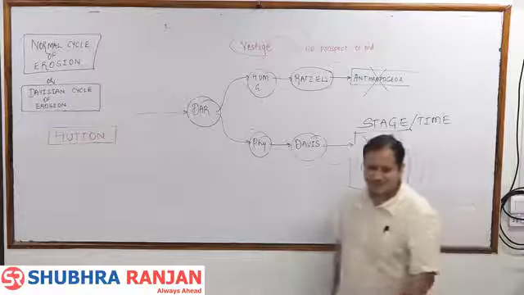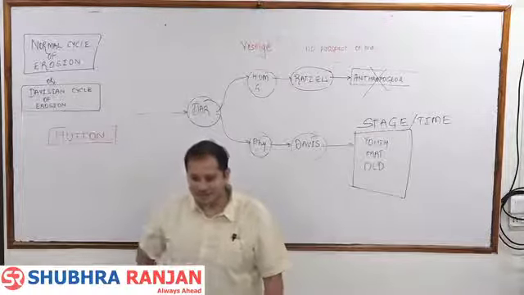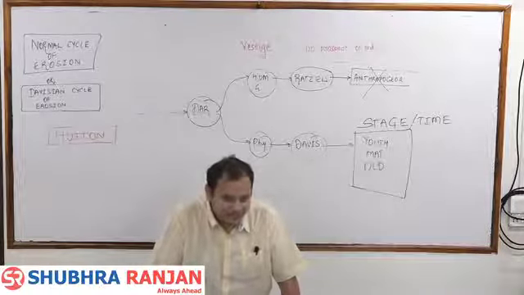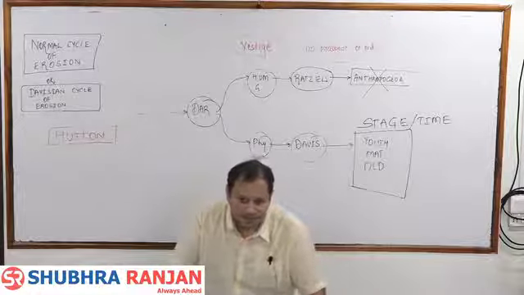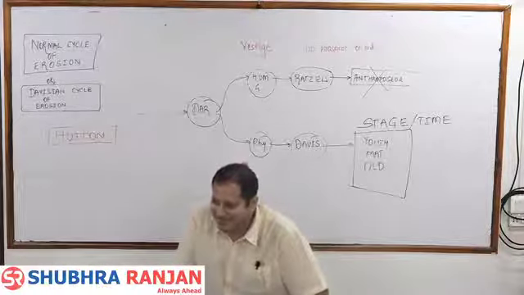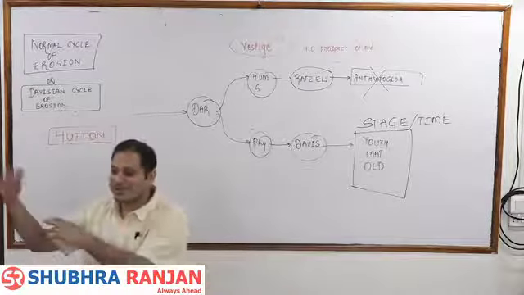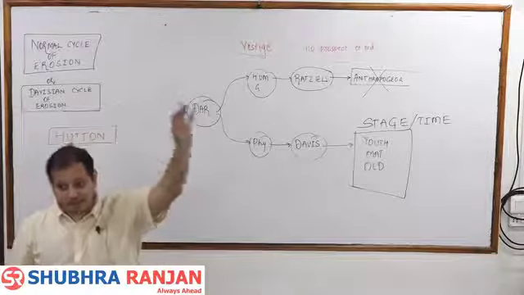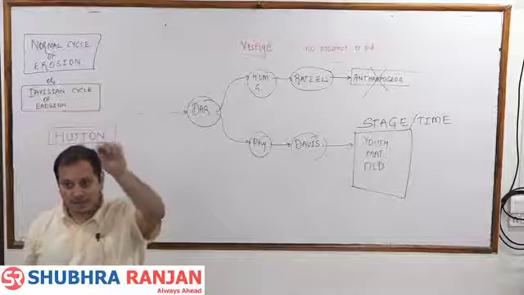What is the meaning of this statement? What is the meaning of the word vestige? Philosophy optional. There is no vestige of a beginning means you cannot go and search where everything began, and you cannot go and say where everything will end.